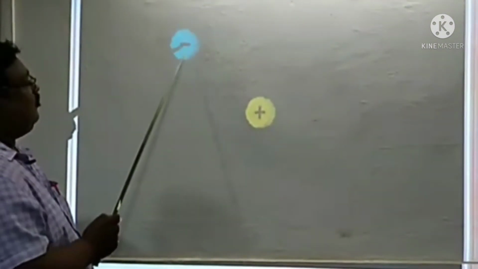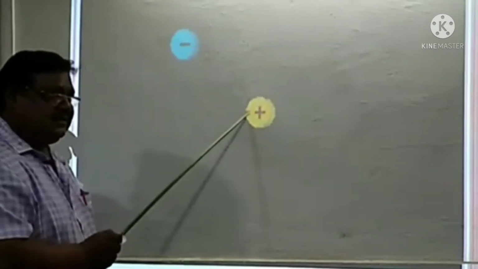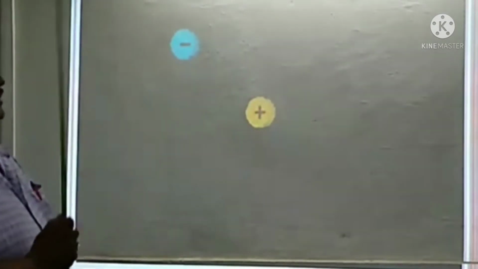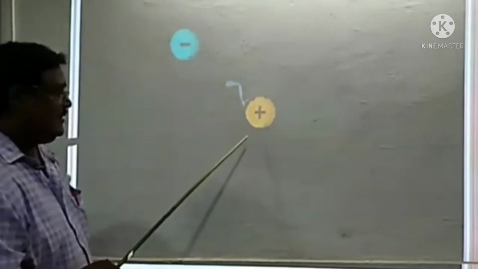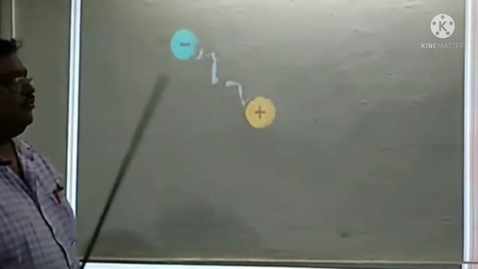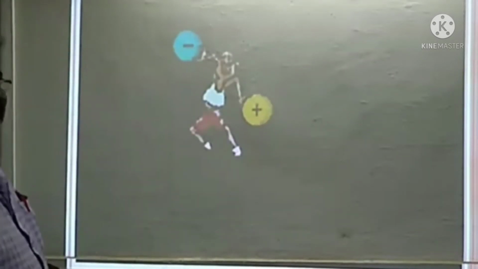Now, since electron and nucleus are opposite charges, there should be some attraction among them. However, electrons do not fall into the nucleus. That means there might be some force which is keeping them apart. And what is that force?